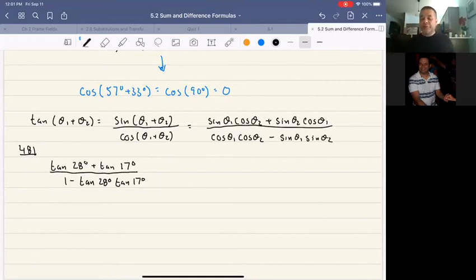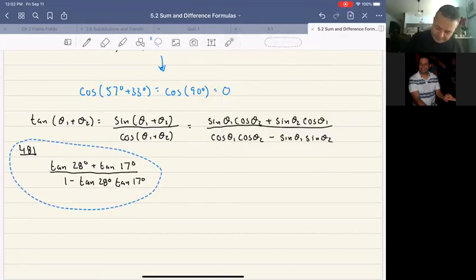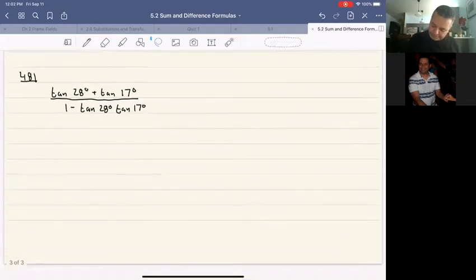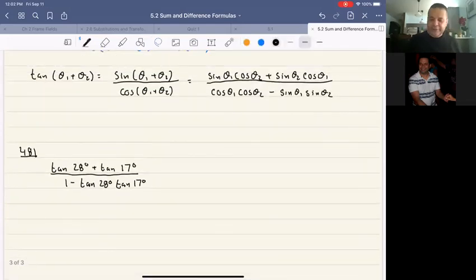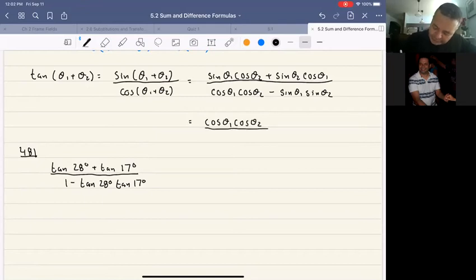However, what we're going to do is divide by something special. We're going to divide by cosine theta 1 cosine theta 2 on the numerator and denominator. So we're going to factor out cosine theta 1 cosine theta 2, both in the numerator and denominator.